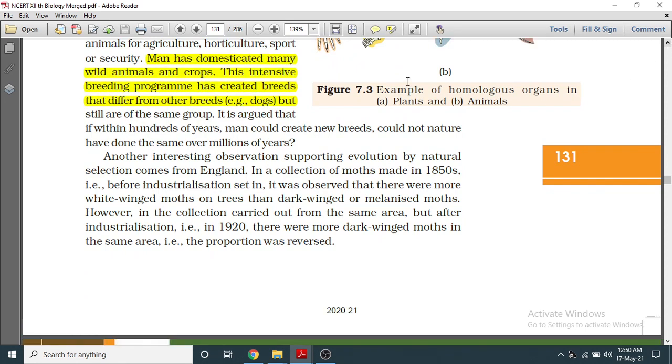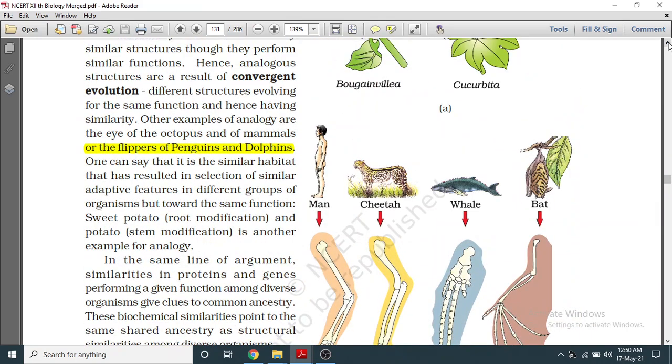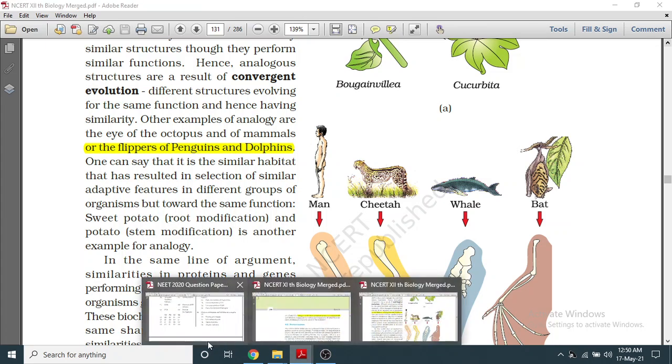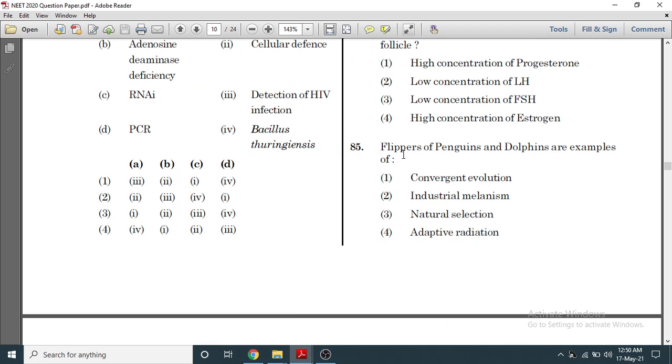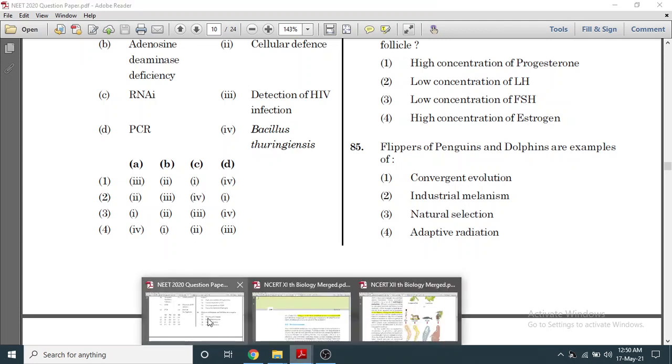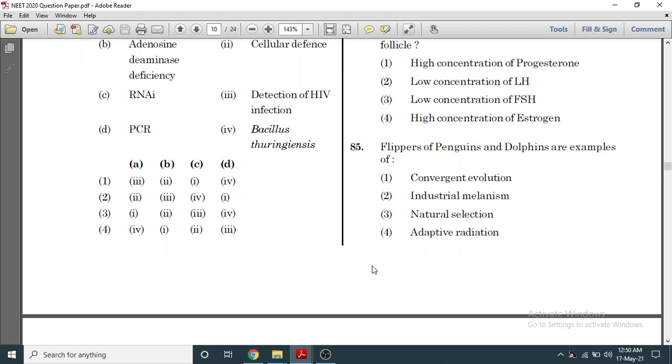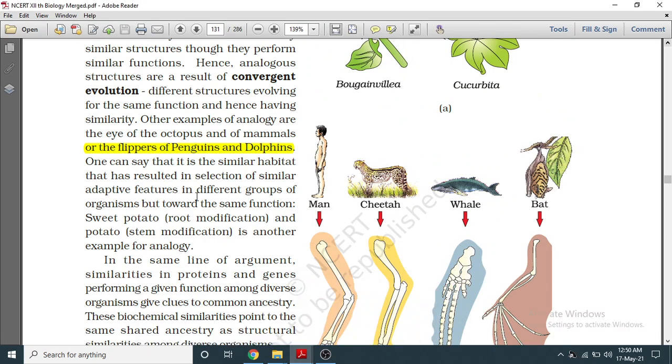Now see which line they have given. Convergent evolution, different structures evolving for the same function and hence having similarity. Other examples of analogy are the eye of octopus and of mammals, or the flippers of penguins and dolphins. So for question number 85, option number 1, convergent evolution, is correct, because it is clearly written in NCERT.